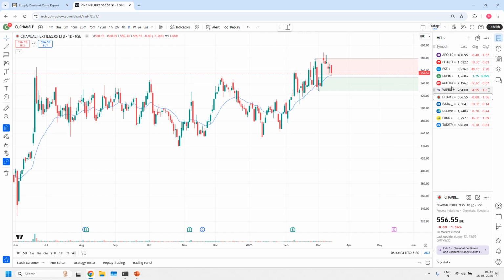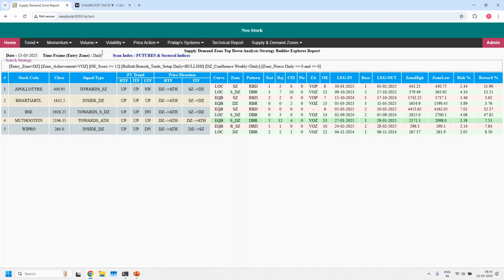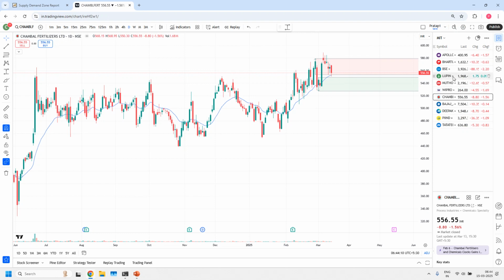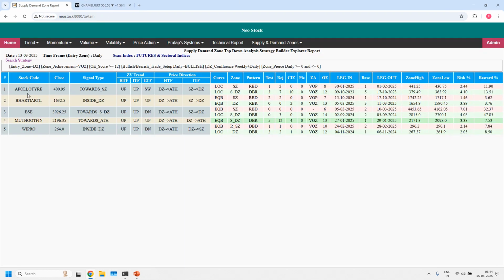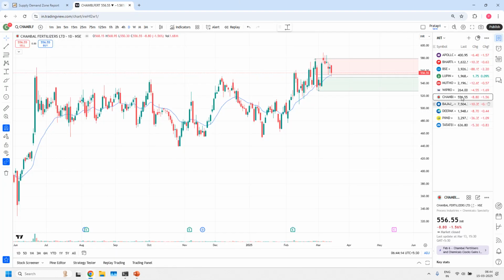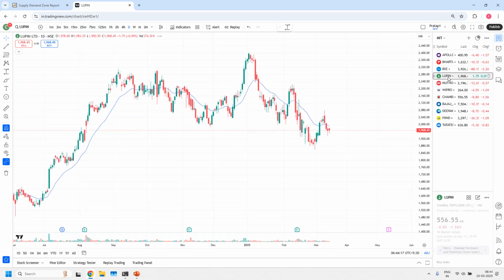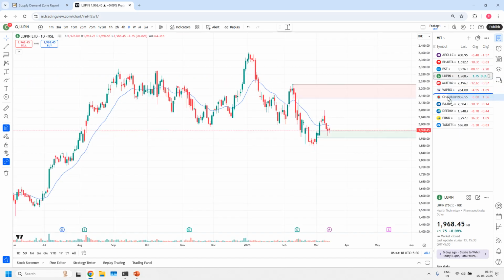Muthoot Finance is there, and Wipro. What is the other one missing? Lupin is also missing. Lupin is not in this list. Okay, that means these two stocks are not listed: Chambal Fertilizers and Lupin. They are not overlapped with the weekly zone. That means they will not be overlapped with monthly also.